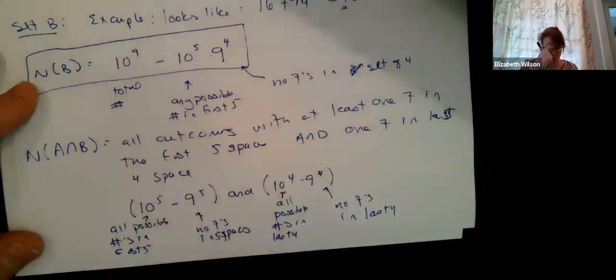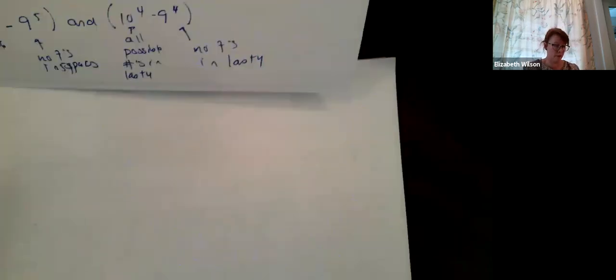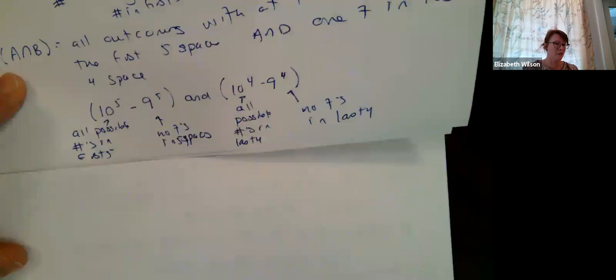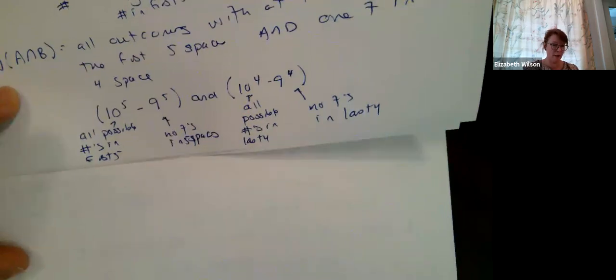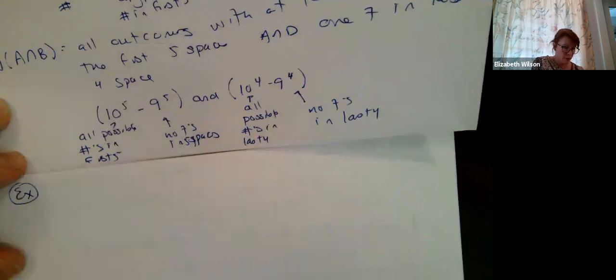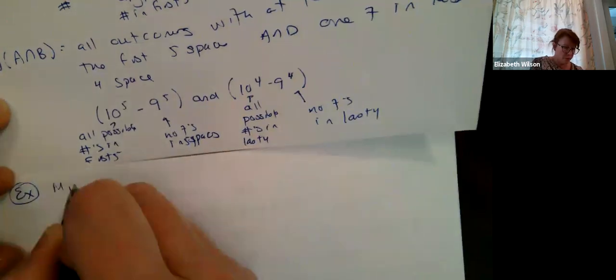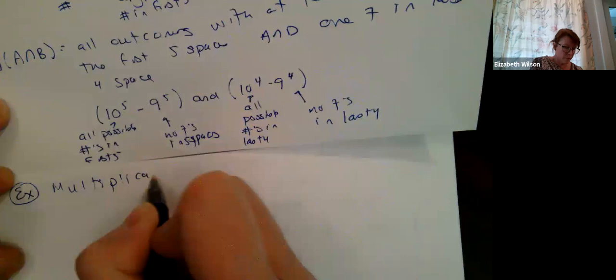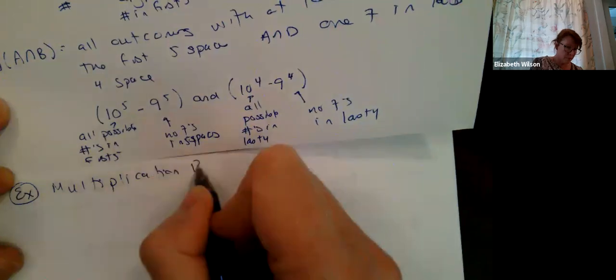Okay, so my multiplication rule, let's see, I'm gonna need another page. Let me write this down here, like this. Sorry, I'm running out of space because I write big. I also tend to write a lot of words too. This is example 2, okay? So our multiplication rule, right? We're going to use it on the intersection.